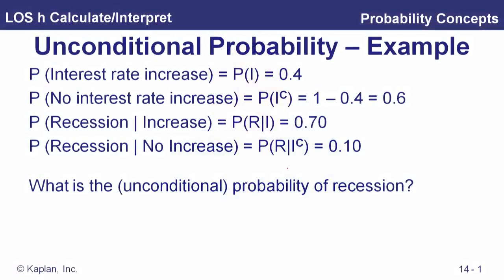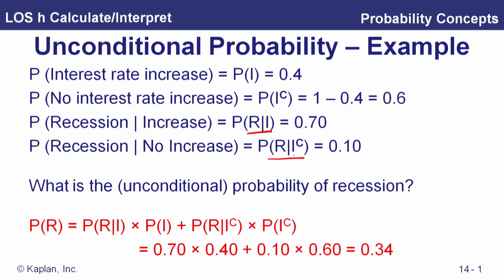So let's look at an example. We've got the probability of an interest rate increase, getting familiar by now, 40%. The probability of no interest rate increase has got to be 60%. So if we have these two conditional probabilities, the probability of a recession given an increase and the probability of a recession with no increase, then we can use that addition rule to get the unconditional probability of R. And so again, this gives us the probability of recession and increase.